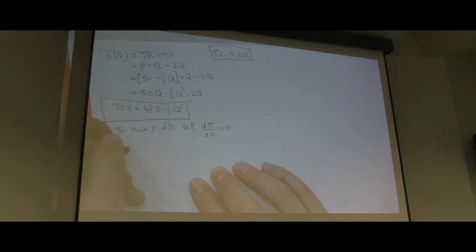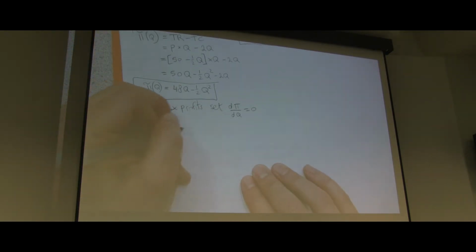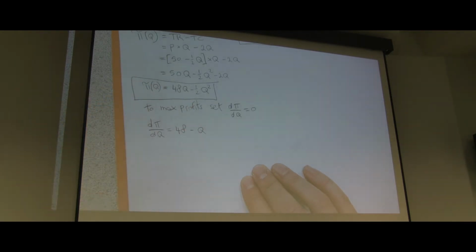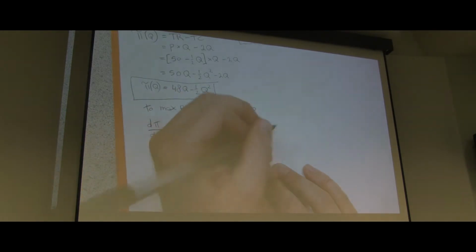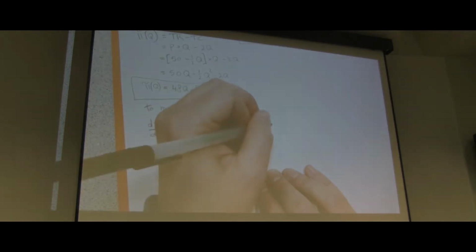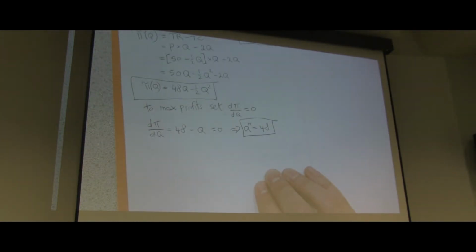So that derivative is what? 48 minus Q equal to 0, which gives me Q equals 48. That's my monopoly quantity.